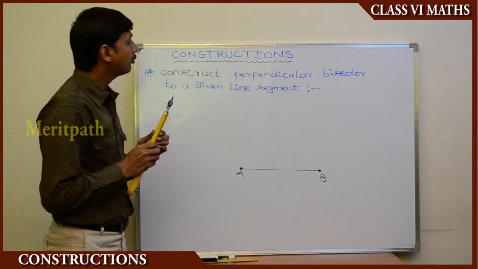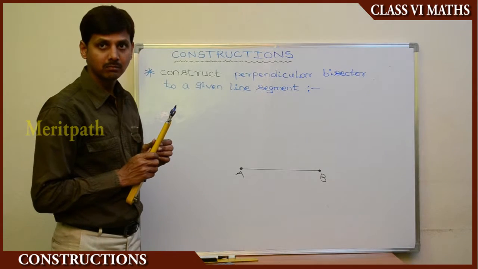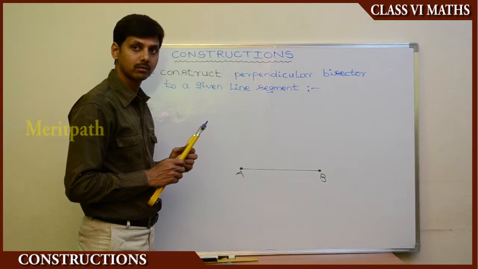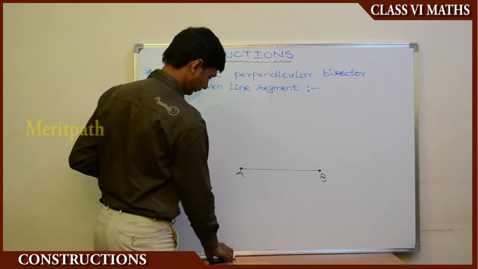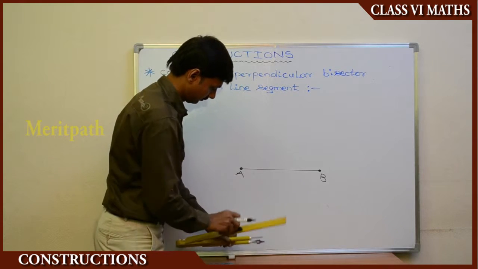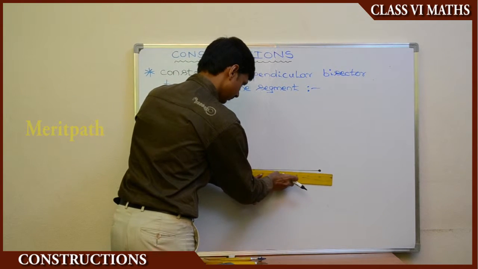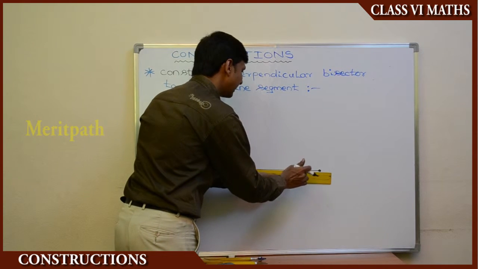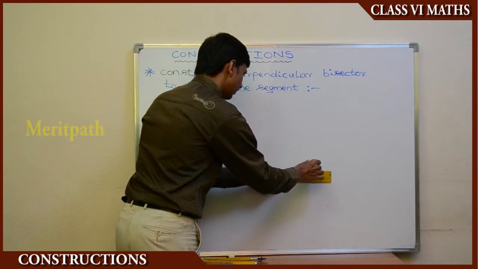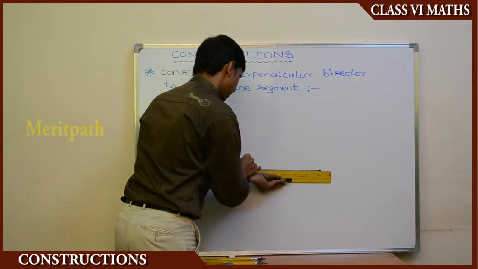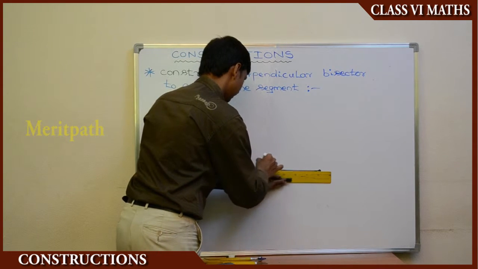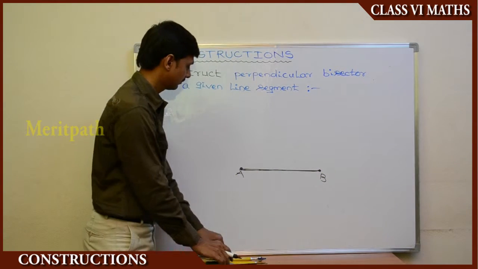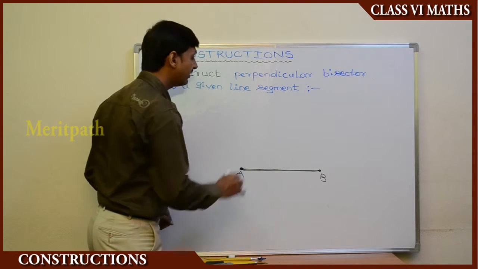Now, how to construct a perpendicular bisector? Let's draw a line segment again. Line segment AB we have taken.